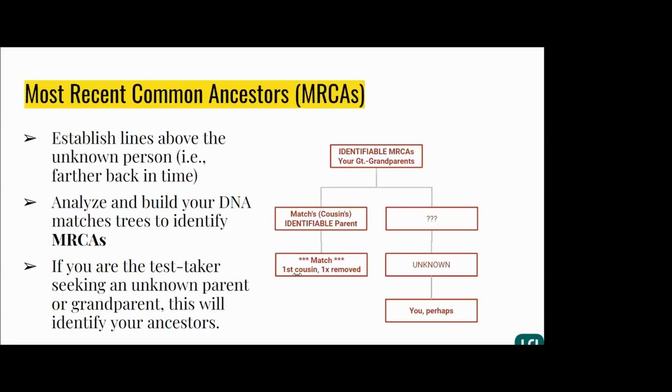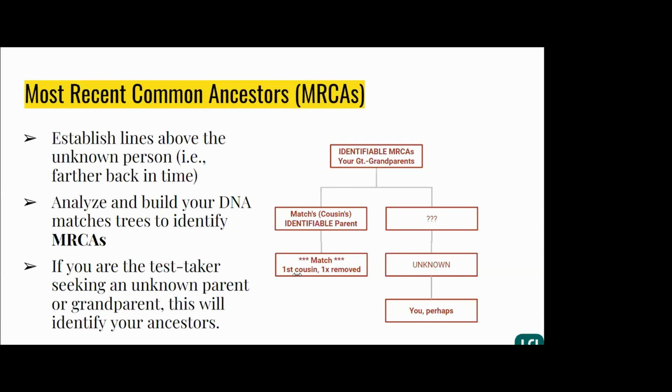So the previous example gets us to the second foundation, and that is understanding the term most recent common ancestors. You'll see this abbreviated as MRCAs, and some people will pronounce that as a word, MERCAs. By using information from the family trees of your genetic cousins, those are your DNA matches, you can establish various lines above the unknown person in your tree.